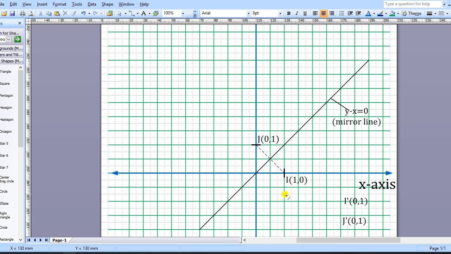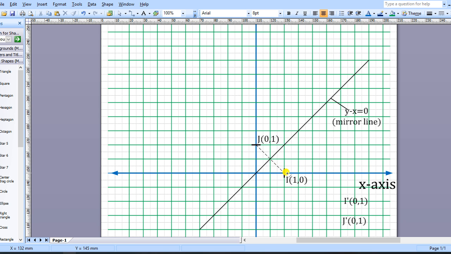Then we are going to reflect each of these points along this line. For example, if you reflect the point (1, 0) along this line, the image of I is going to be at point J. There are two ways of locating the image of this point.